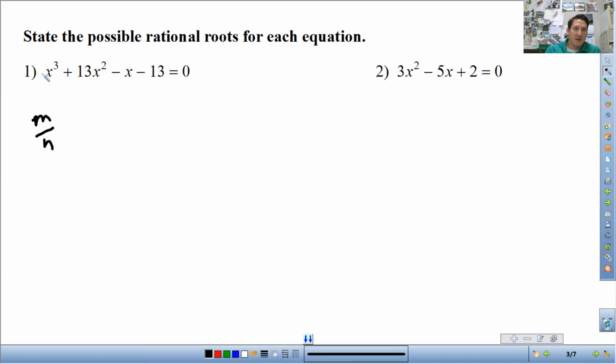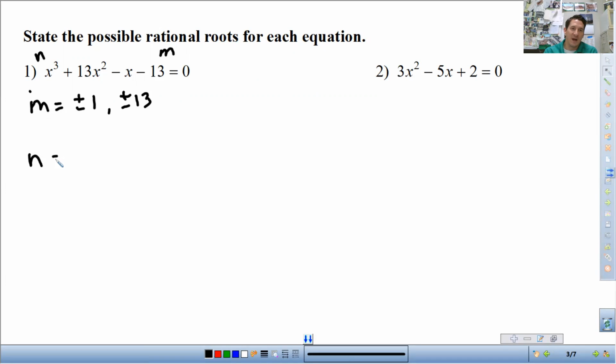So this value in front of the x is the m, this value over here is the n, and it's factors, I should say, factors of these. So m, factors of 13 would just be plus or minus 1, plus or minus 13. And then n, there's a 1 there, so n is just going to be plus or minus 1.